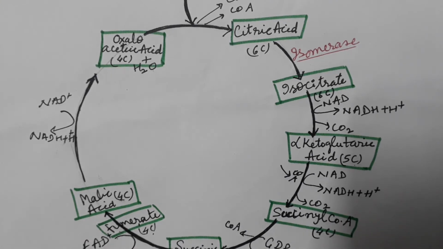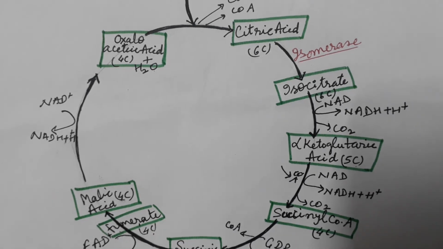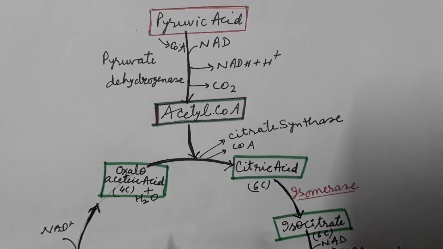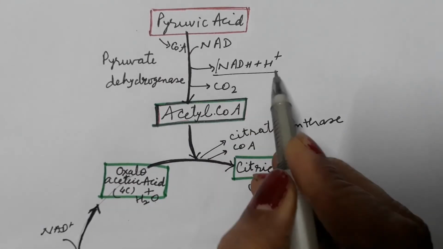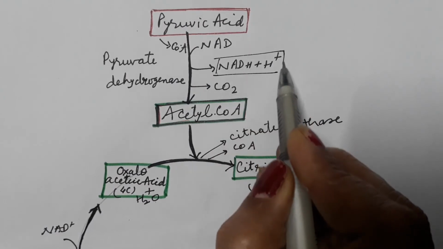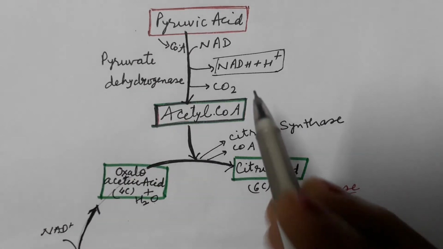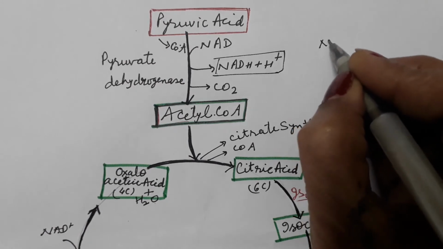Acetyl coenzyme A is formed by the process of oxidative decarboxylation. In oxidative decarboxylation, 1 molecule of NADH2 is produced by 1 molecule of pyruvic acid. But if we take 2 pyruvic acid, 2 acetyl coenzyme A are produced and 2 molecules of NADH2 are produced.